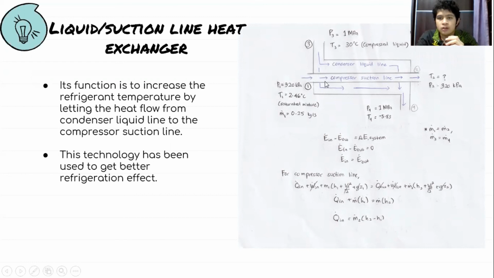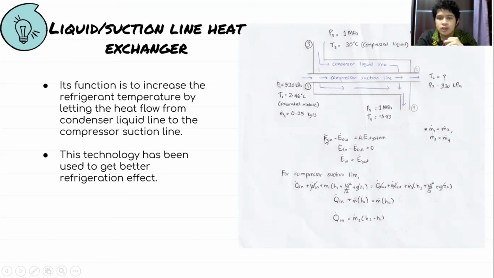The condenser line and compressor line have the same value of Q, which is the heat transfer between them. The mass flow rate from both lines is actually different because they have different control volumes.